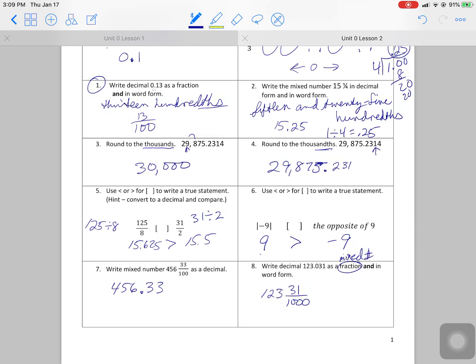And in word form, so this is 123 and 31 thousandths. Okay. Yeah, that's a mixed number, not a fraction. I'll write that down over here. Mixed number. All right, thank you.